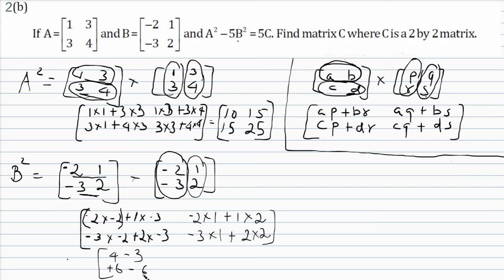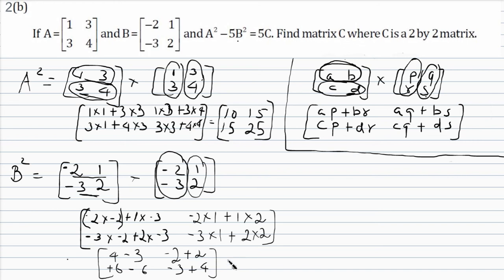Here minus 2 into 1 is minus 2, and 1 into 2 is 2. Minus 3 into 1 is minus 3 plus 2 into 2 is 4.